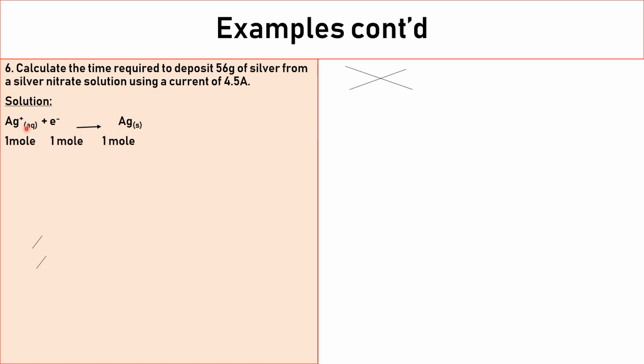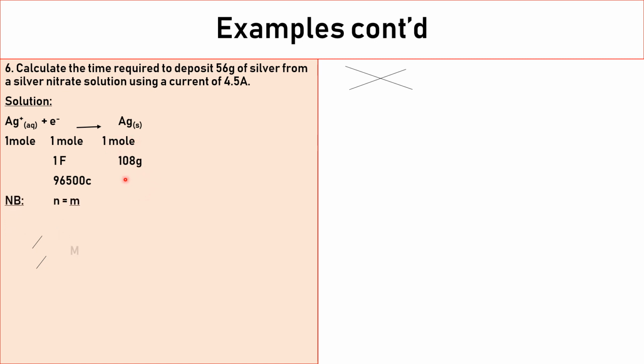So 1 mole of silver ion gains 1 mole of electron to produce metallic silver. Here, 1 mole of electron is equal to 1 Faraday, while 1 mole of metallic silver is equal to 108 gram.